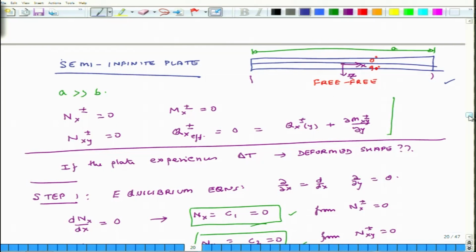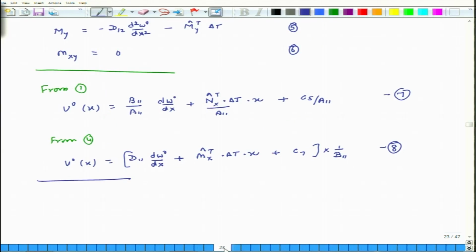So, in case delta T is 0, then u naught should be 0, also the plate should not exhibit any curvature. So, dw naught over dx should be 0. So, essentially what I am trying to say is that this term will be 0, and because delta T is 0, this should be 0. Which implies that C5 represents rigid body motion and we can set it as 0. So, we set this as 0.